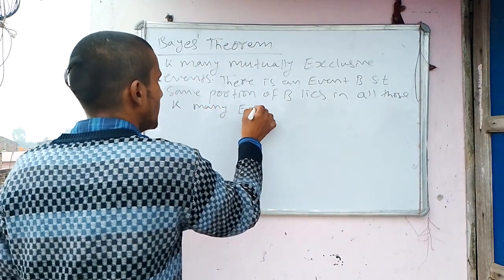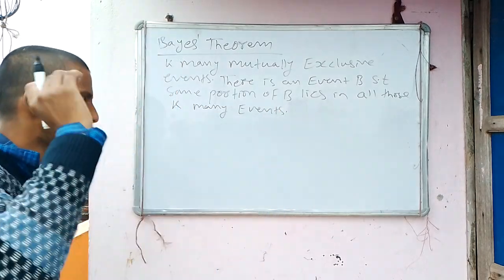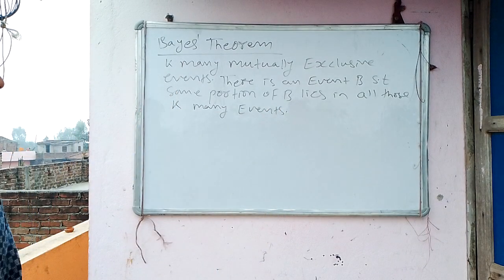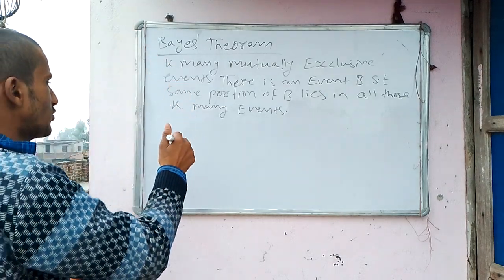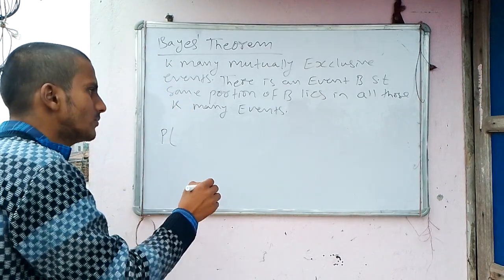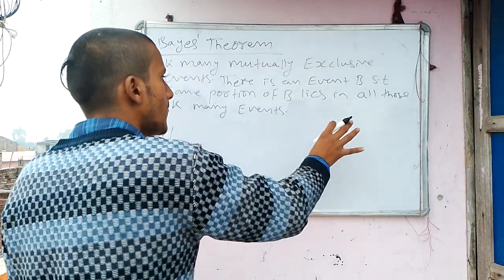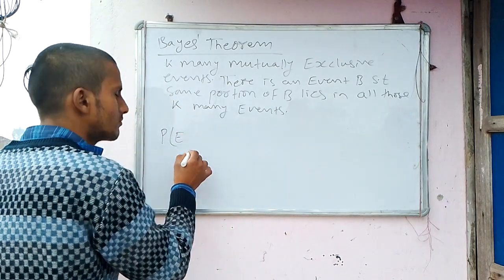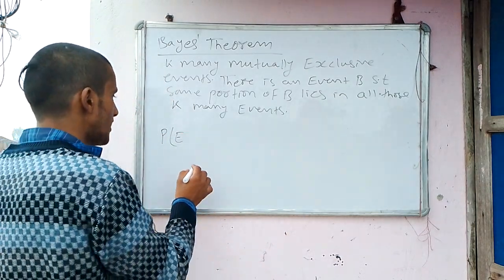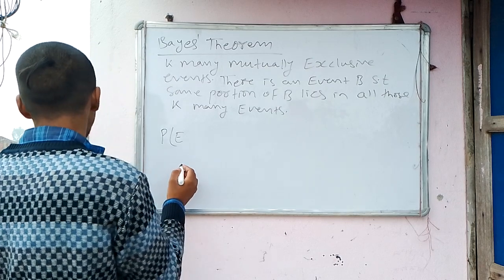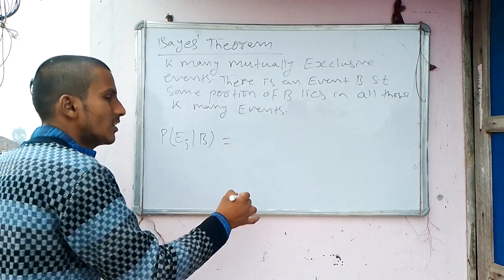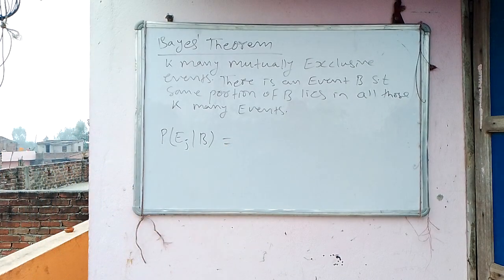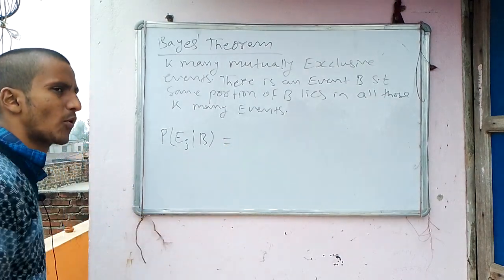Does that make sense, what I'm saying? This is the same thing that we have done in total probability. And we're going to figure out the probability of, let's say, one of those k events, EJ given B. We're going to figure out this conditional probability.